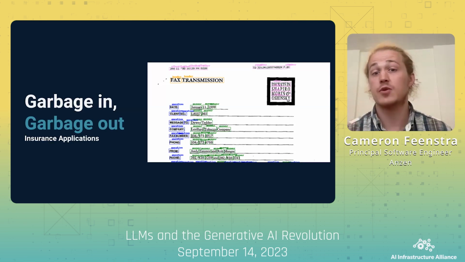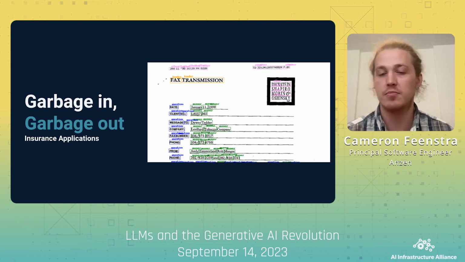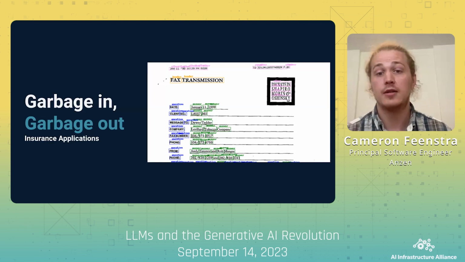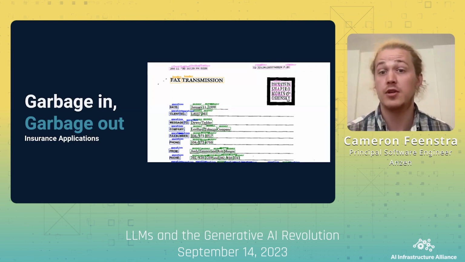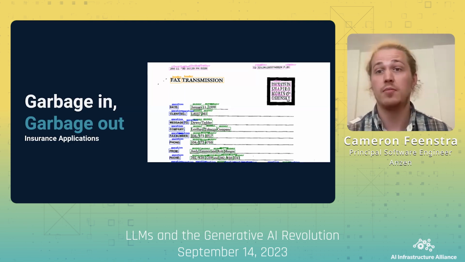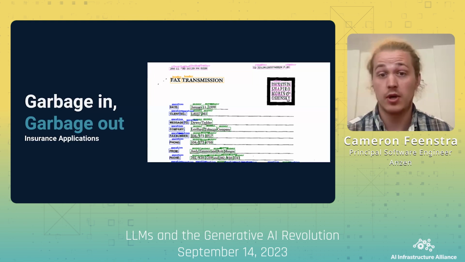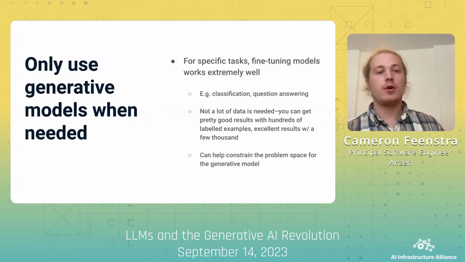And using that, as well as the OCR results, we were able to reconstruct a much more true to the original source text representation of the insurance application, which the model did a much better job of understanding and giving us good answers to our questions based on.